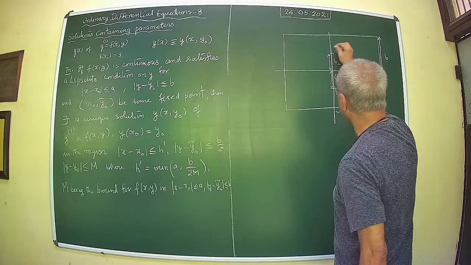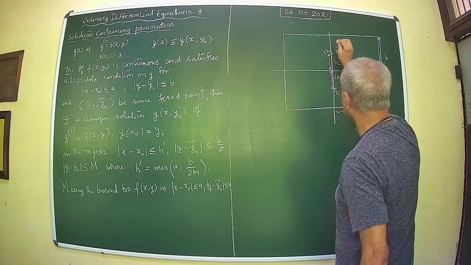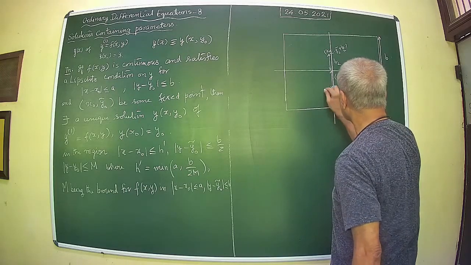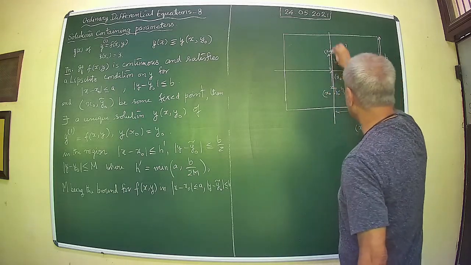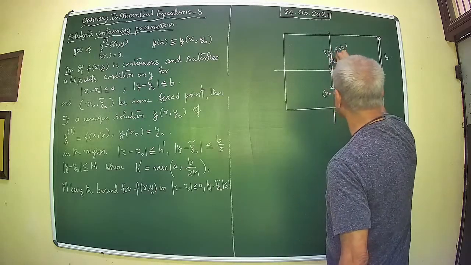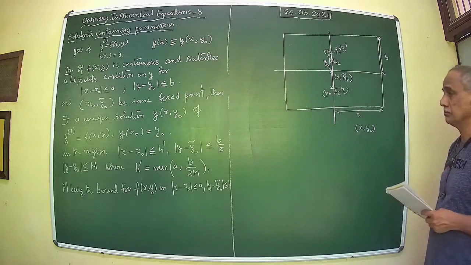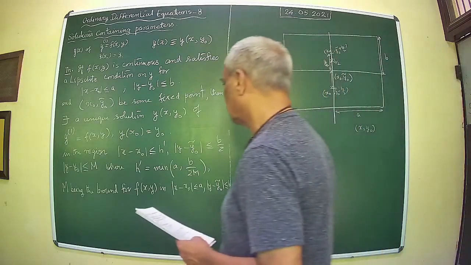This point is x naught, and this point is x naught. So your y naught is going to be somewhere in this place. That is what this says.